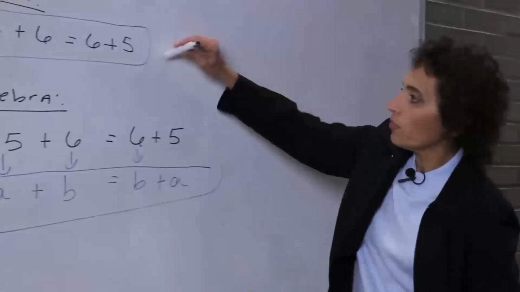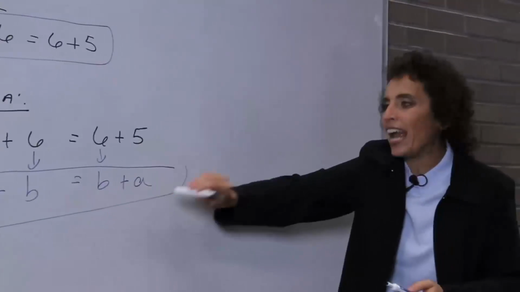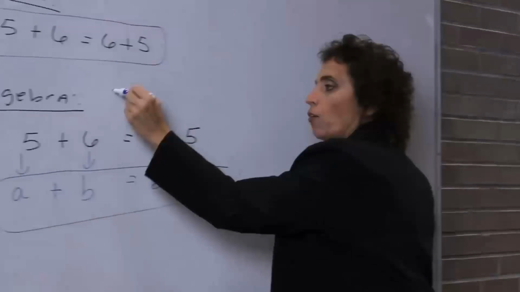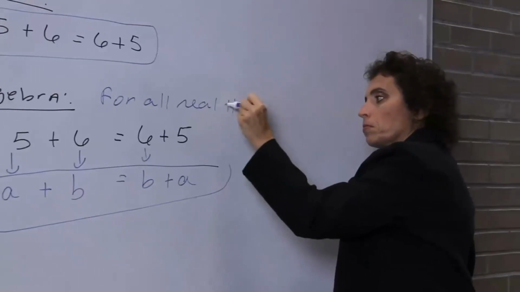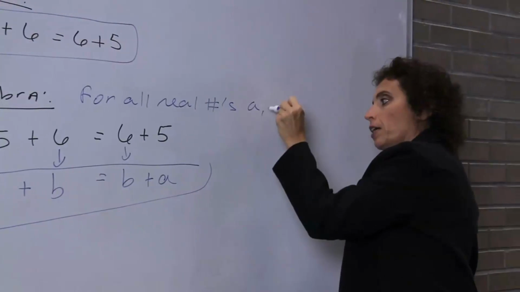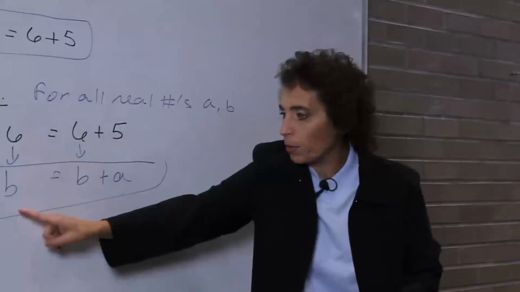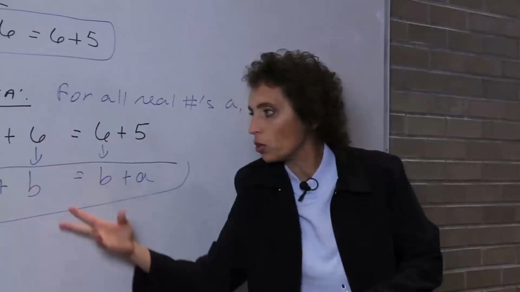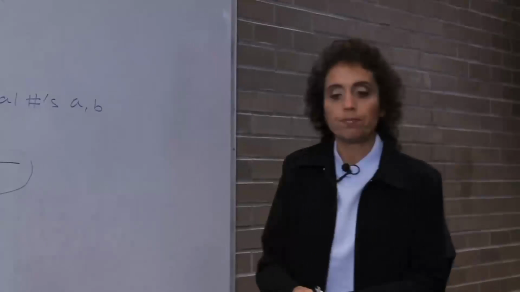And this says that it works only for this case, but this says it works for any real number, because we would write for all real numbers A and B. Okay, so that means any number I stick in here for A, any number I stick in for B, I could switch the order and I would still get the same answer. That's the commutative property of addition.